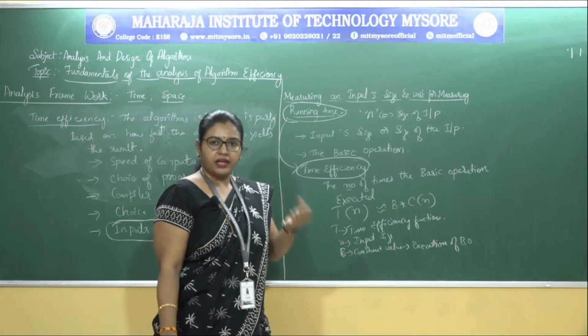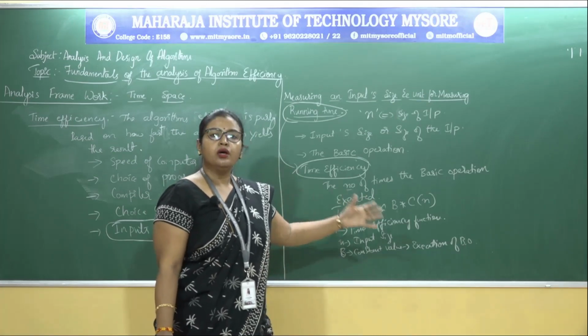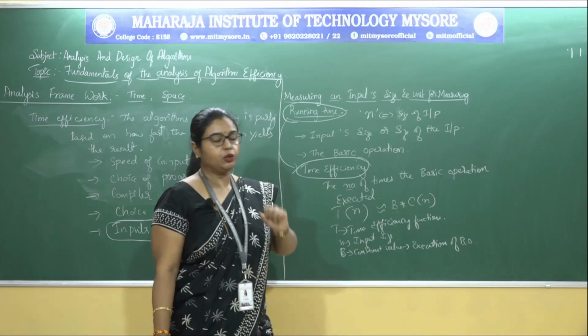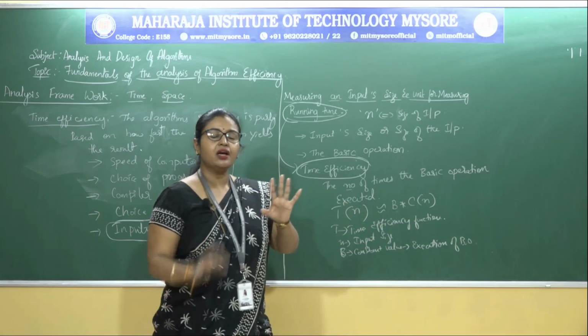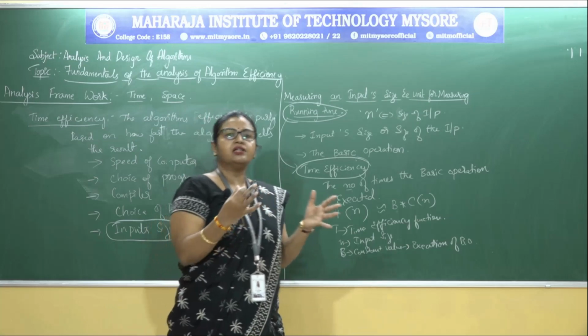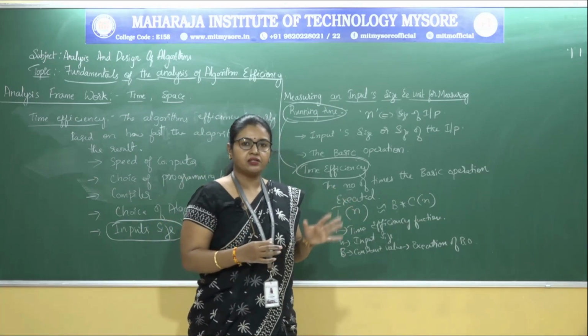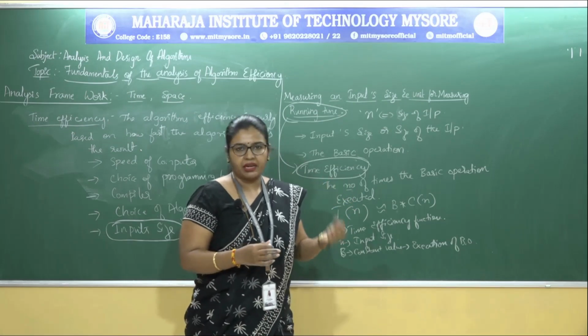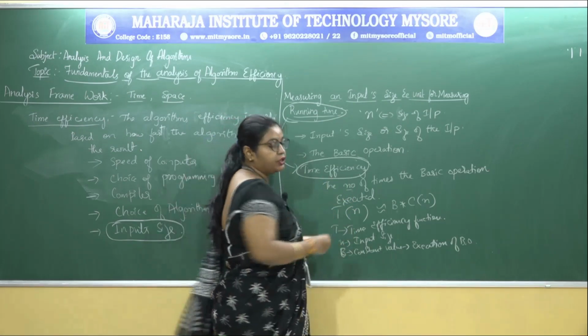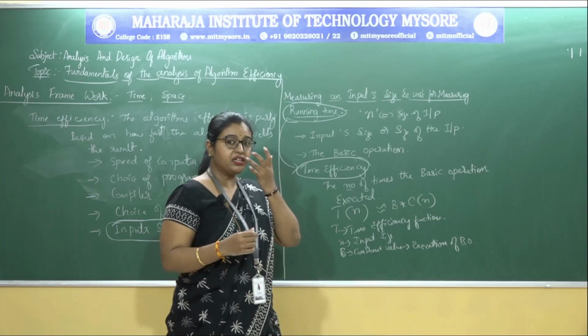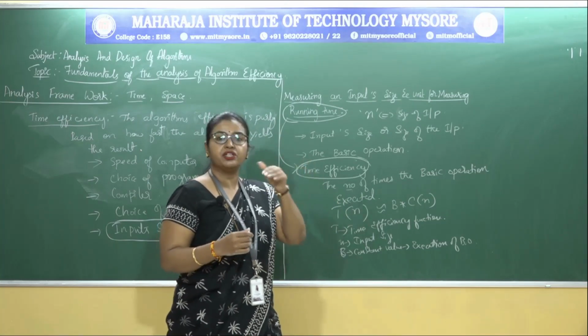How much time it takes to execute the basic operation. Usually we represent that using units. Here we can't say 1 minute or 1 second like that. Okay. So for that we say 1 unit of time, next 1 unit of time, 2 units of time. It depends on the number of basic operations you have.